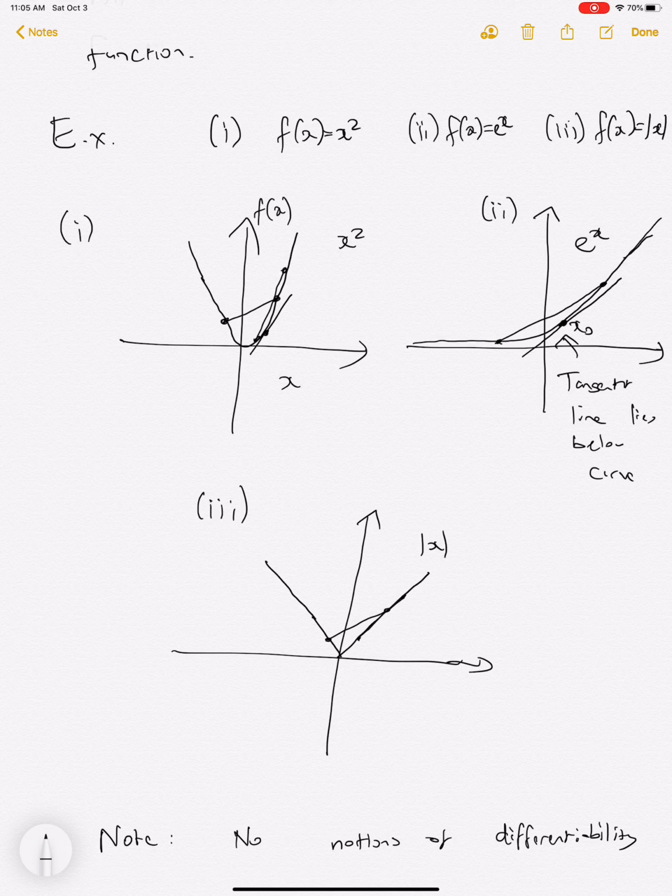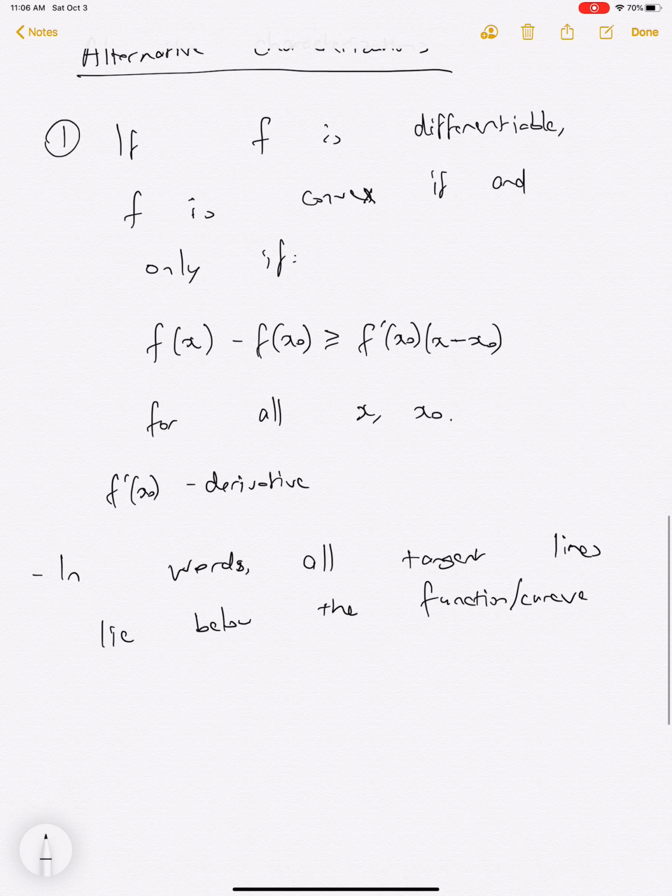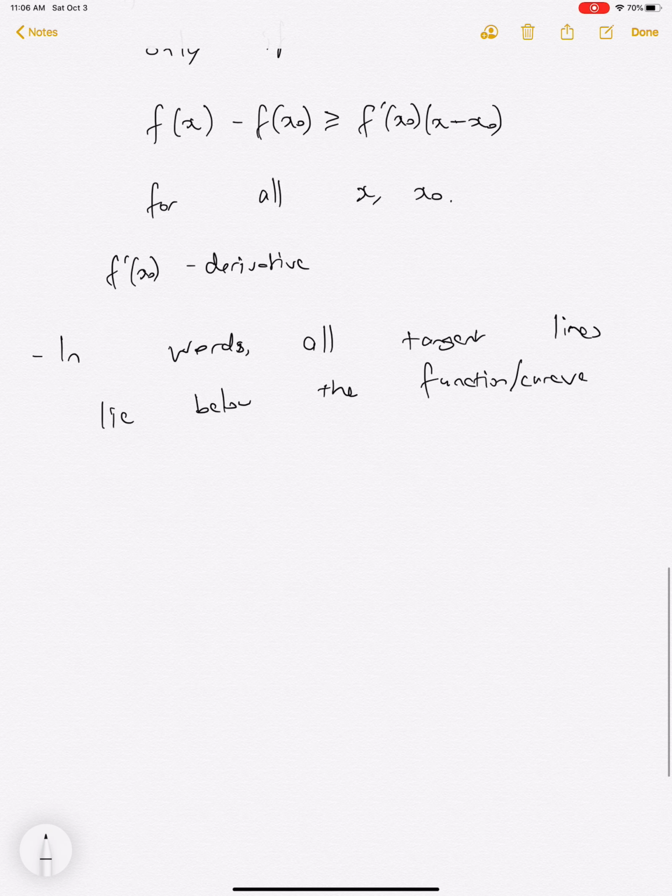We can't really talk about this second notion for the absolute value of x, because this is obviously not differentiable at every point. But you can certainly see that if you pick any point that's not zero, the tangent line lies on the curve, which still follows the definition. It has to just be either below or on the curve. Okay, and why is this saying this?